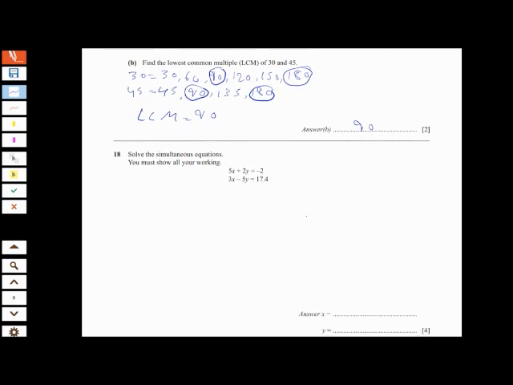Solve simultaneous equations. Alright, we'll use the substitution method for this. First, the first equation, 5x plus 2y equals negative 2. Make y the subject. That would be y equals negative 2 minus 5x over 2.